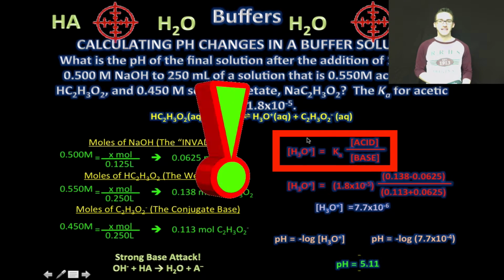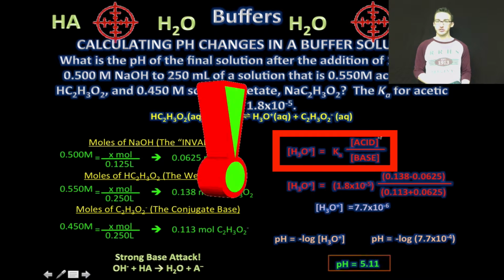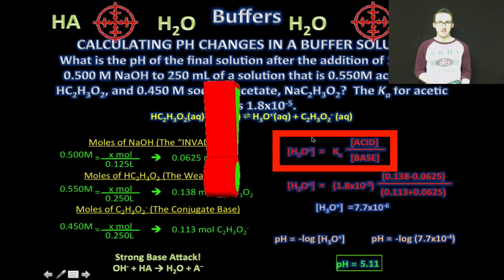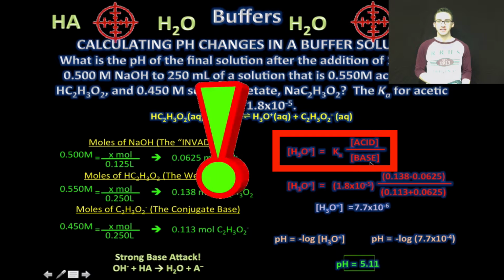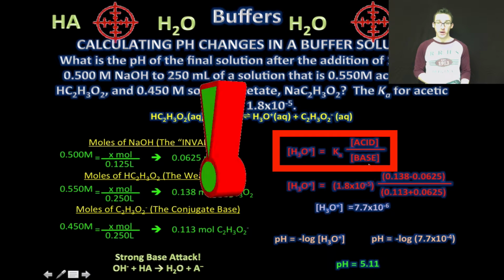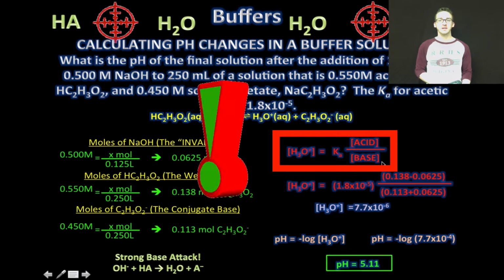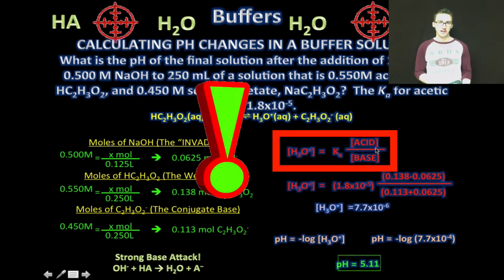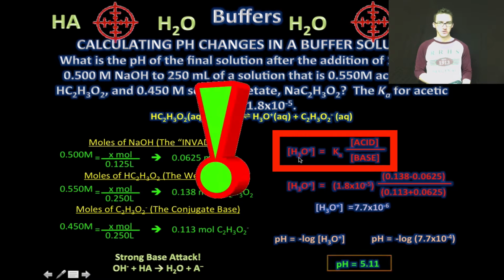So again, I cannot emphasize this enough. No matter what type of pH calculation you're doing with a buffer problem, always come back to this equation. Always, if you're trying to just determine the pH of a buffer, simply use this, you're done.